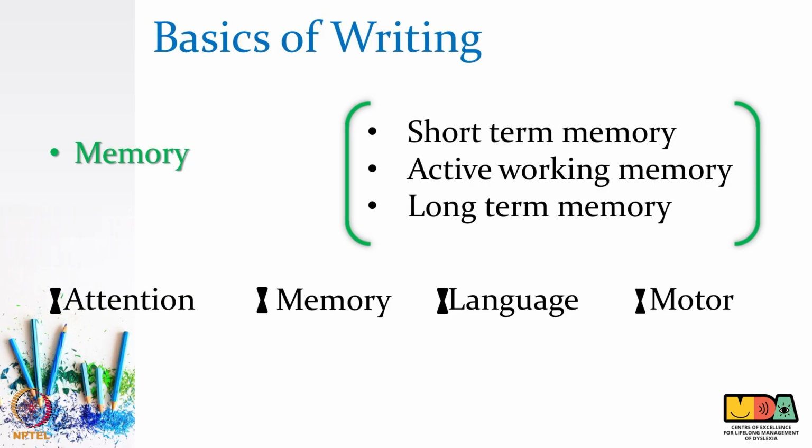Consider a situation where the teacher has put up a choose the correct answer type of a question on the board with 4 options. Active working memory involves the ability to hold things in one's mind while working. The child has to remember all the 4 options which have been given in the activity and then decide on the correct choice.